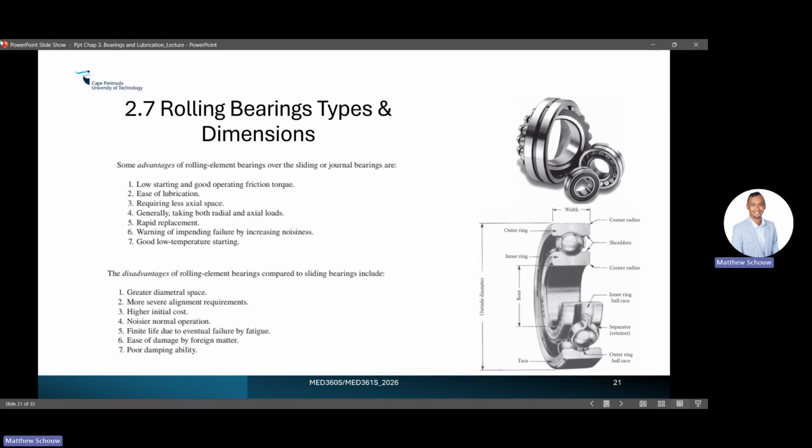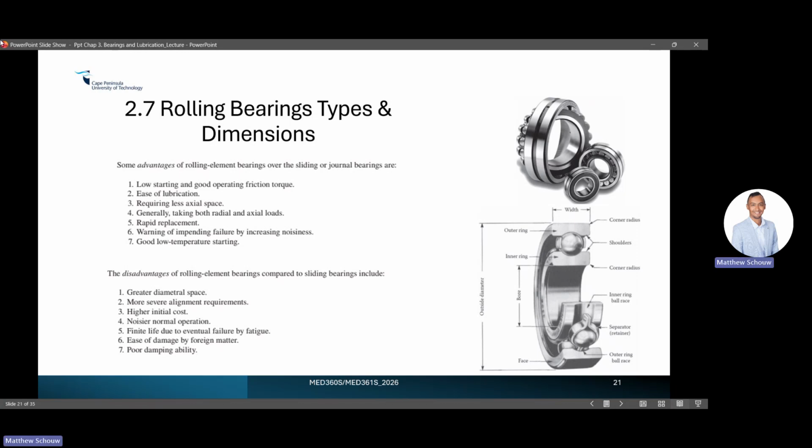Quick replacement. There's also a warning of impending failure, so you'd hear the bearing makes a noise, and it'll tell you that it's ill, so we have to replace it. And then obviously good low temperature starting as well.